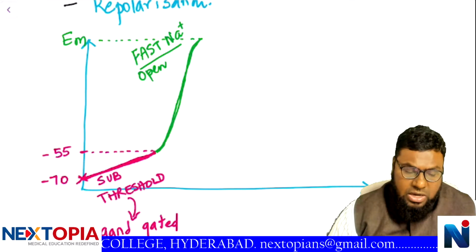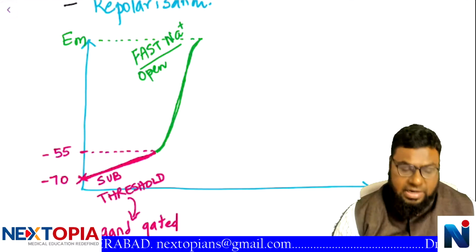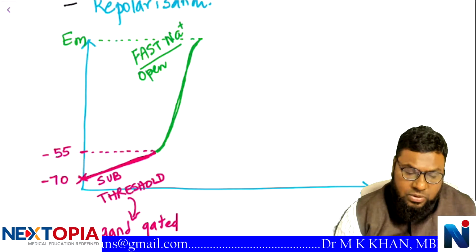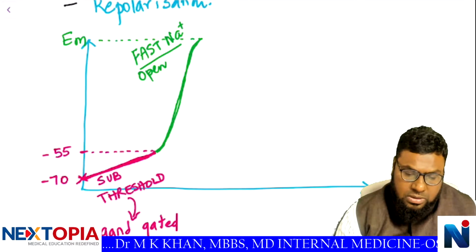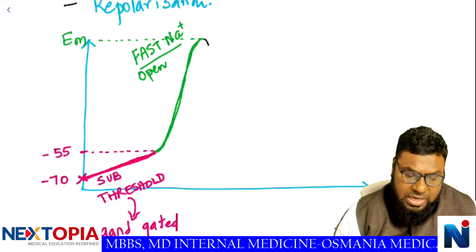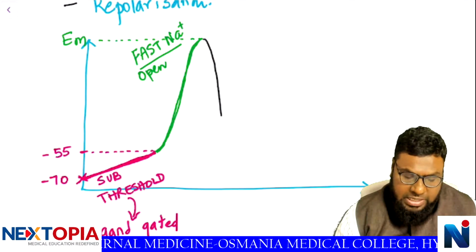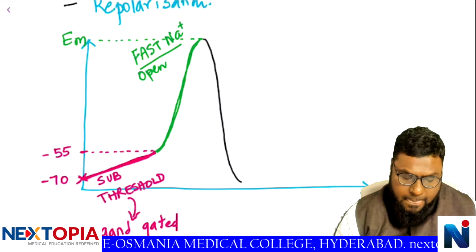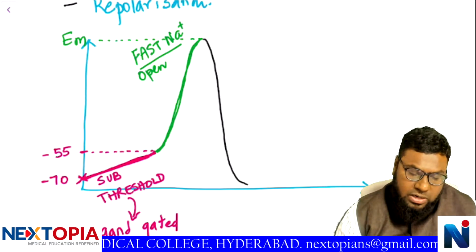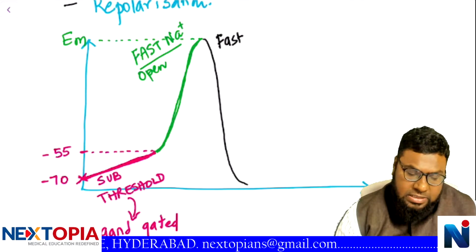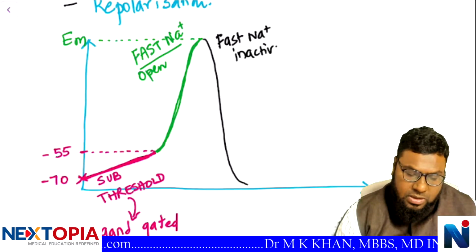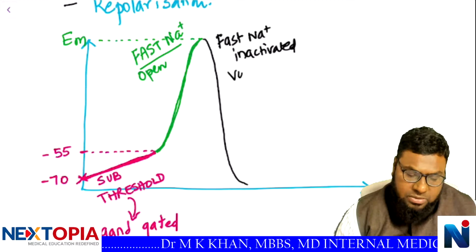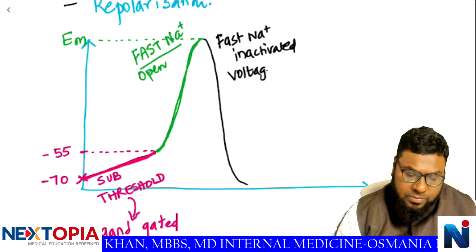Now the sodium channels undergo inactivation. Once the sodium channel undergoes inactivation, repolarization begins like this. So here we have fast sodium channels in the inactivated state, but we have voltage gated potassium channels which are open here.